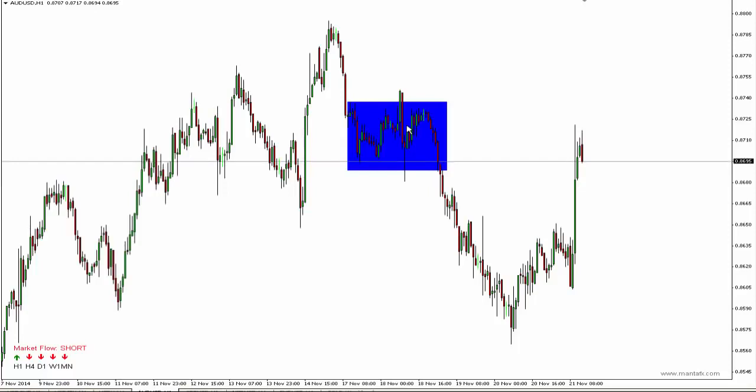So as you guys can see, this Quasimodo formation pattern, just an incredible trade. Short right over here at the previous high or lower high, and yeah, a nice drop. Great trade.